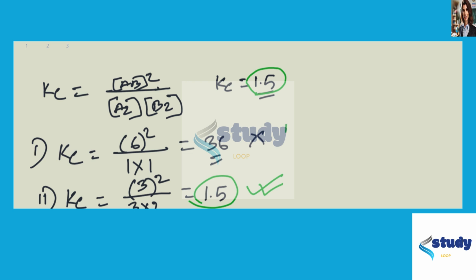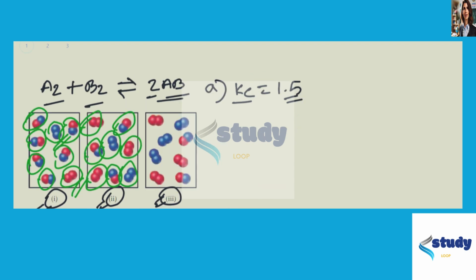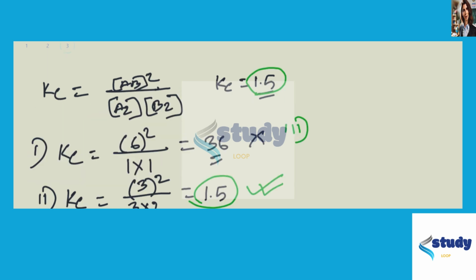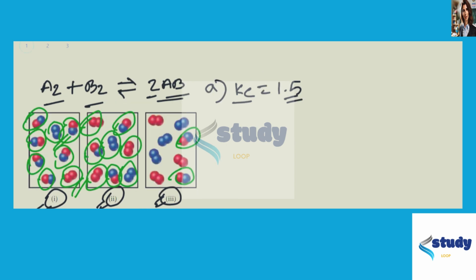And then for 3 we will find the equilibrium constant again. In part 3 we have 1, 2 of the products, AB. That means the Kc value for 3 will be 2 squared in the numerator, and in the denominator we'll have 3 of A2 and 3 of B2.